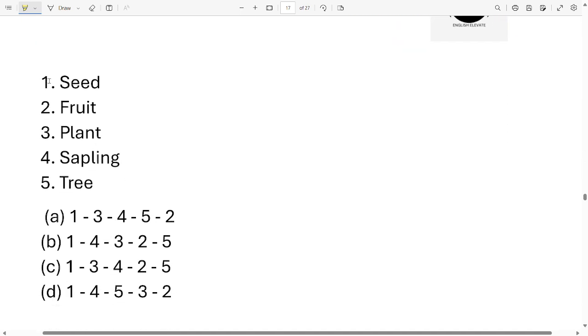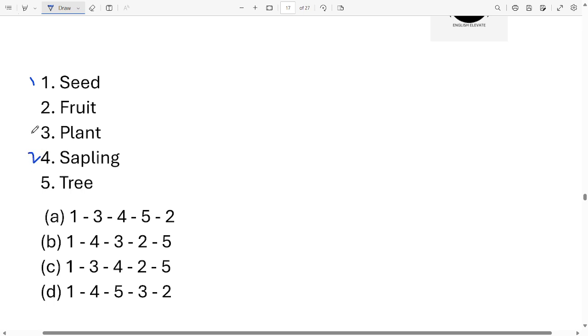Seed, fruit, plant, sapling, tree. Now rearrange them in proper order. What will come first? Seed. Then after seed what will come? Sapling.